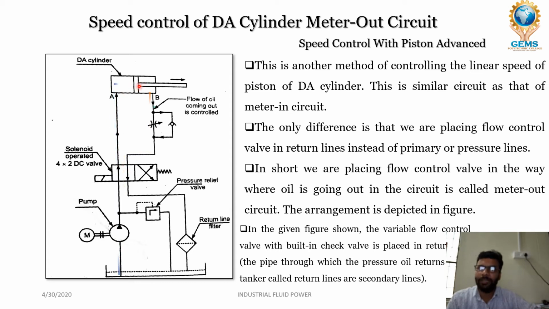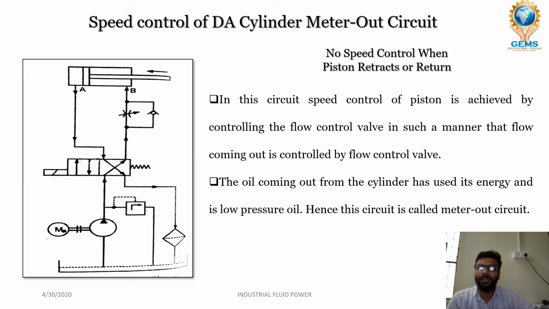The oil is coming in, and the return oil is controlled before it goes to the oil tank. In this circuit, the speed control of the piston is achieved by controlling the flow control valve in such a manner that the flow coming out is controlled by the flow control valve.